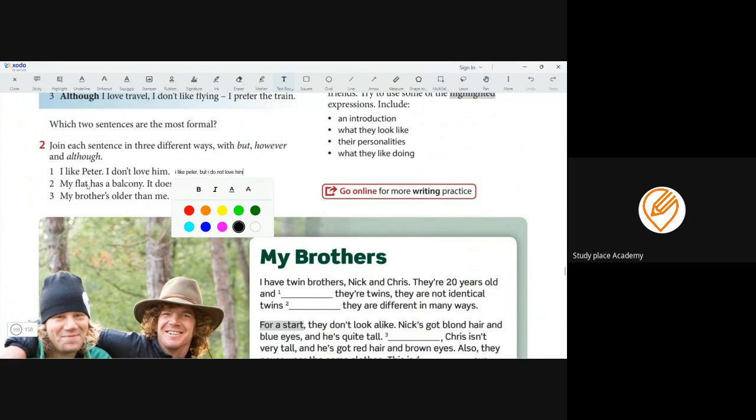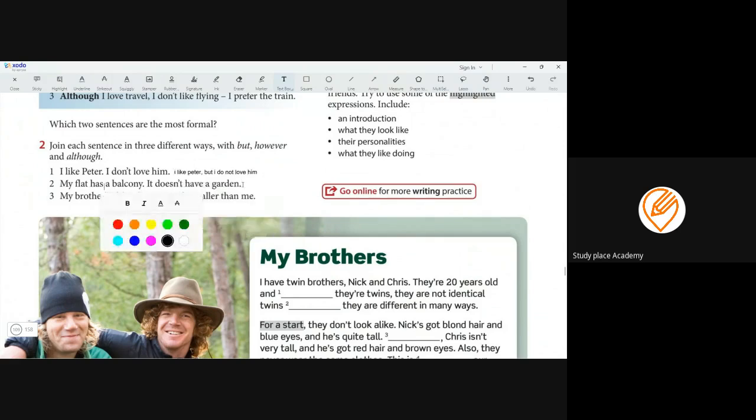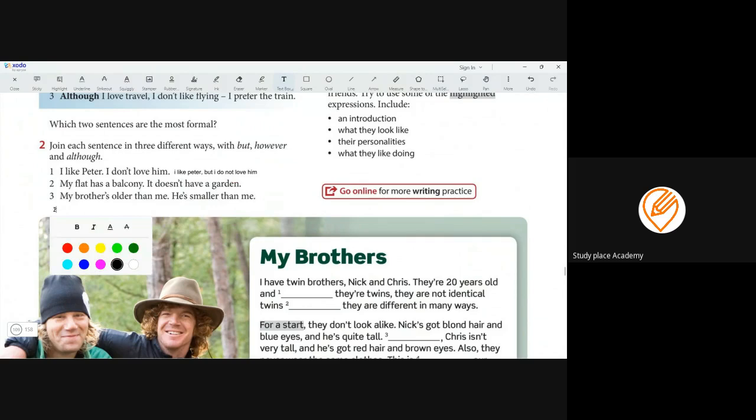For the second sentence, okay, I will write here because I have more space here. I will start with although.